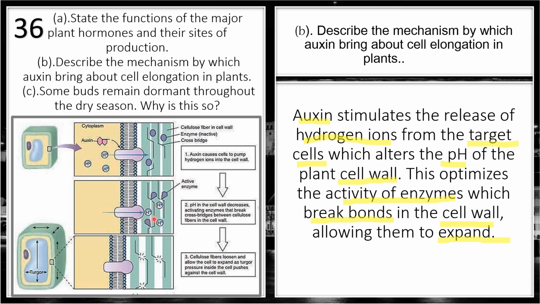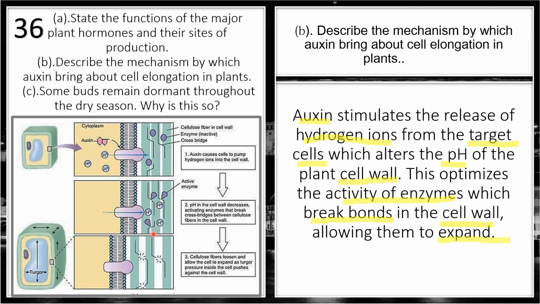When they alter the pH, they are going to activate the enzymes which were inactive, and these enzymes are going to break the cross bridges.